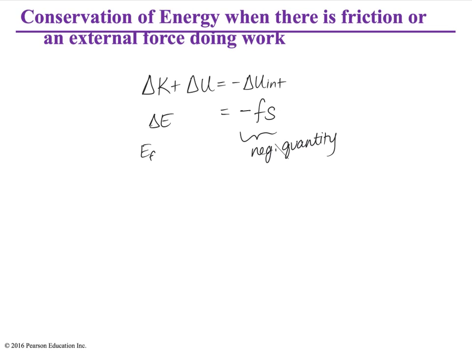Because E final is less than E initial, this is negative. Delta E is less than 0 as well. And so we see that this represents the change in energy. This kind of explains where it went. But we will do some examples in class and in our homework. So hopefully this helps emphasize what the difference is between conservative and non-conservative forces. We'll talk more in class, but I thought that this would be a good introduction.